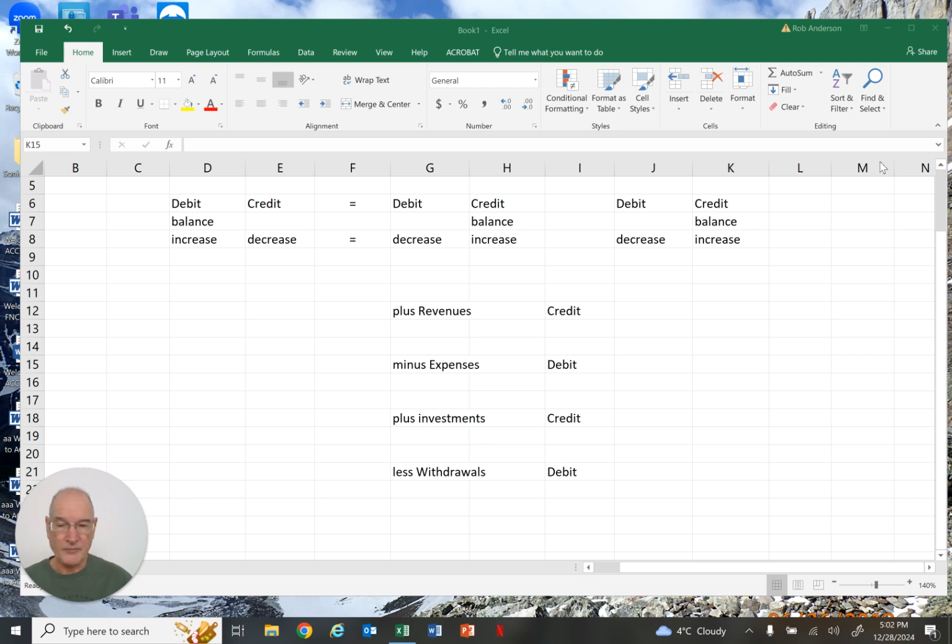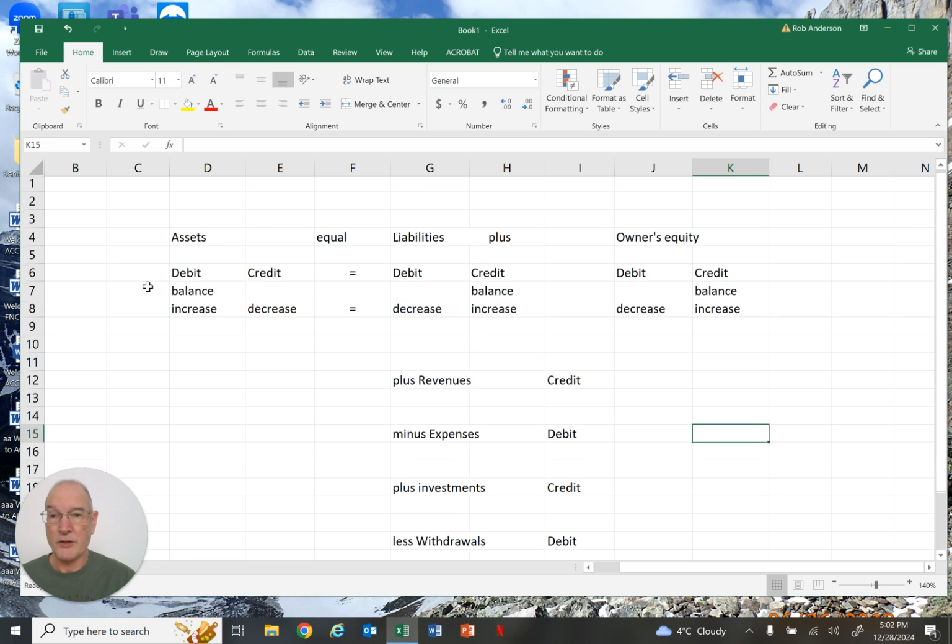So similarly in a business, when a business earns revenue, the net effect of earning revenue is to increase owner's equity. So let's just say that we have a service business and we provide services for $200.